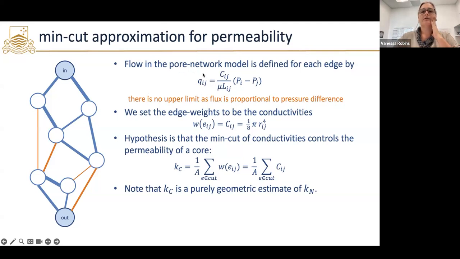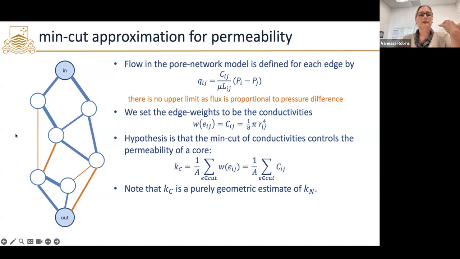So our flux through each edge does depend on the capacities, but it also depends on the pressure difference. So if I increase the pressure difference, I could increase the amount of flux going through, yeah? And so I don't have that absolute maximum in this permeability model of network flow, okay?